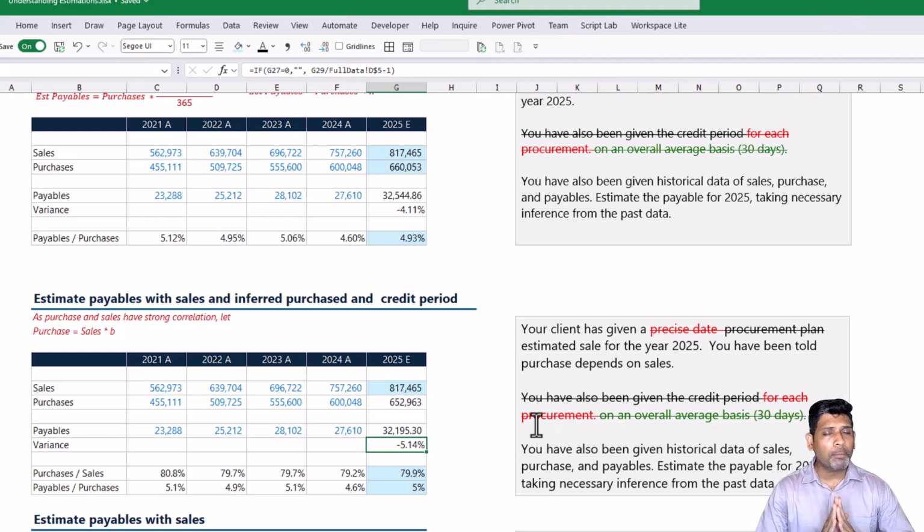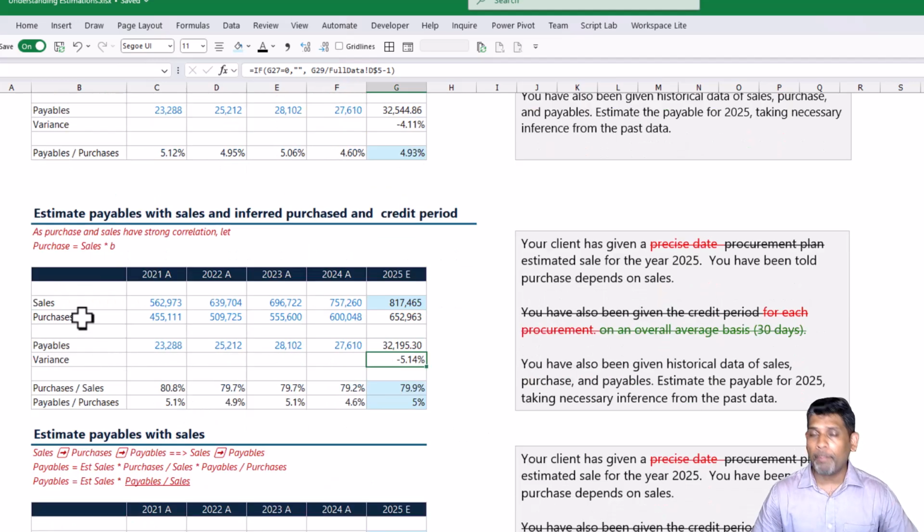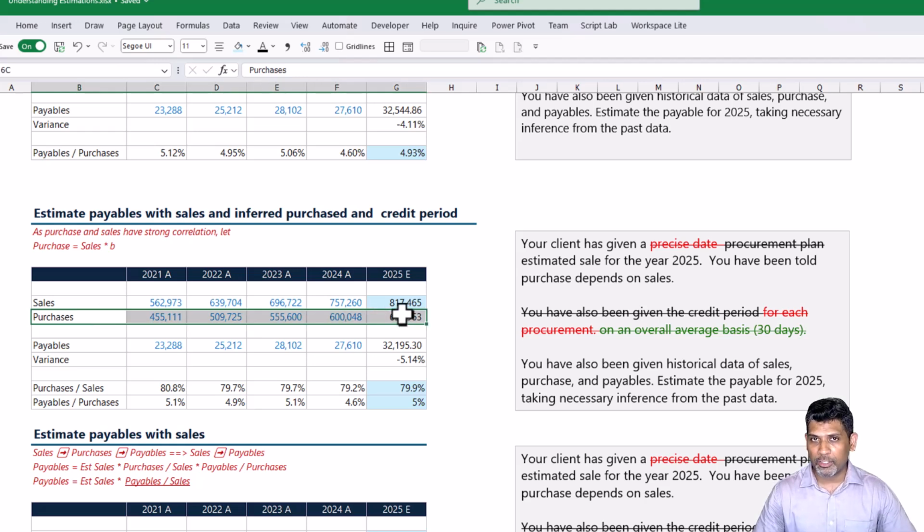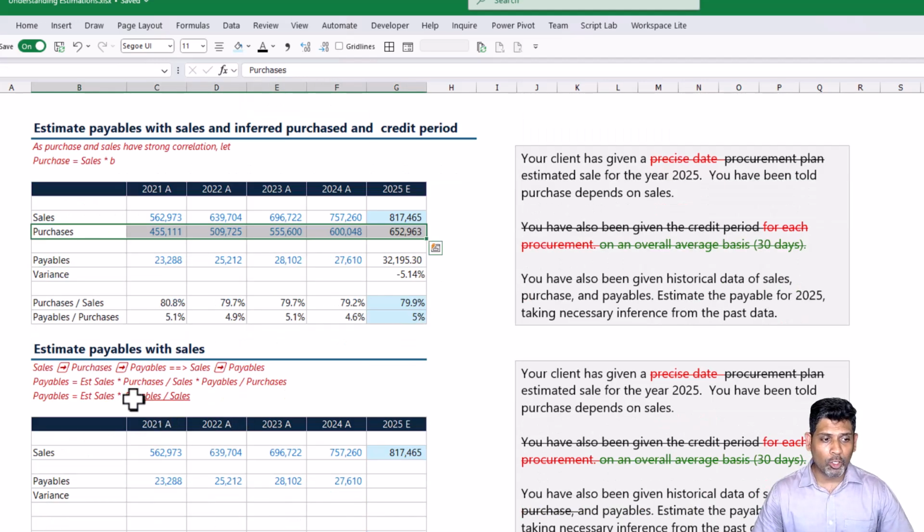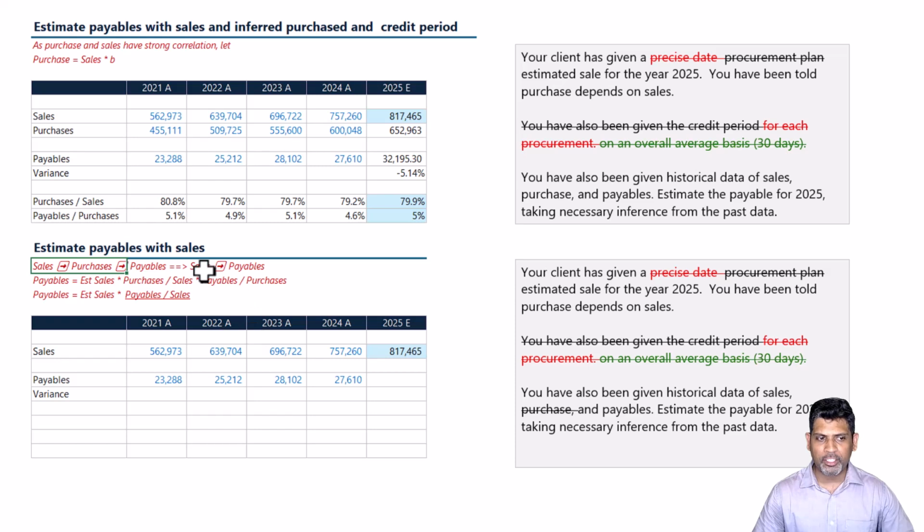If you assume that the purchase to sales ratio, this cost ratio, is not going to change at all, then we could have actually bypassed the entire purchases. Let's see that, because sales drives purchases, purchase drives payables, which means indirectly we can say that sales is driving payables. And we can also find it out mathematically.